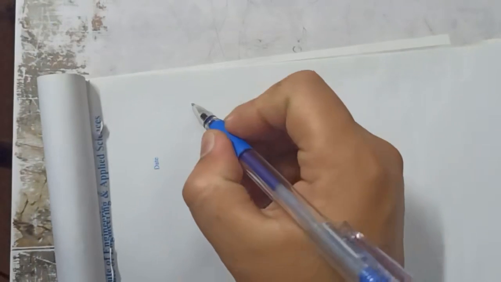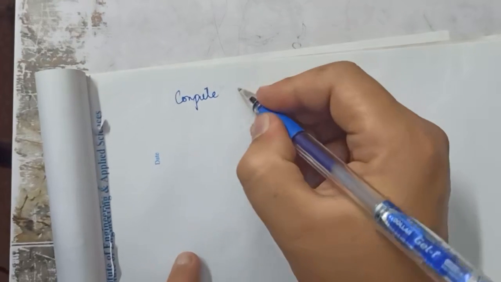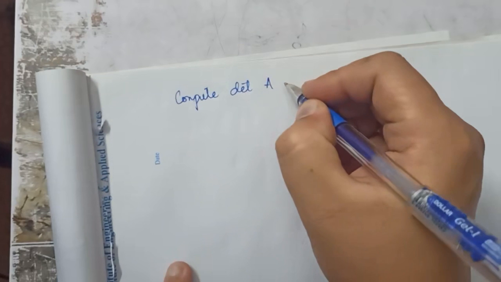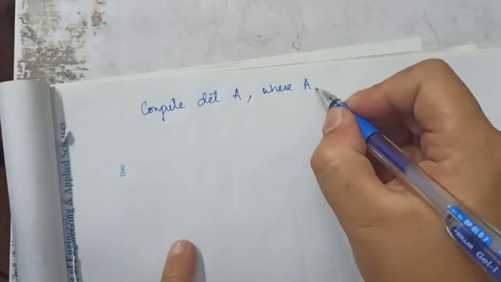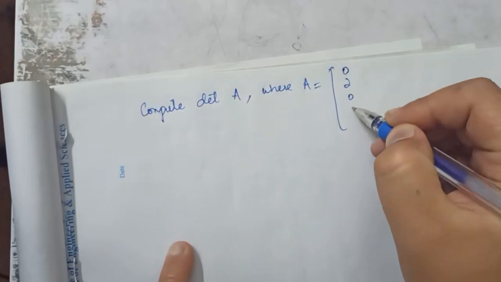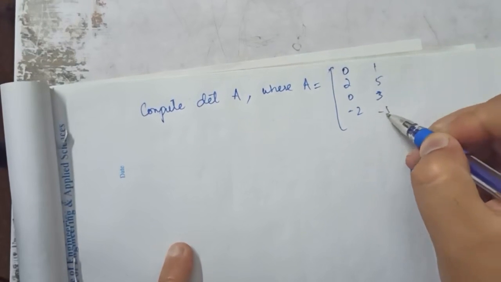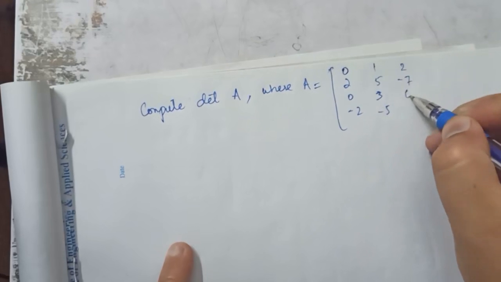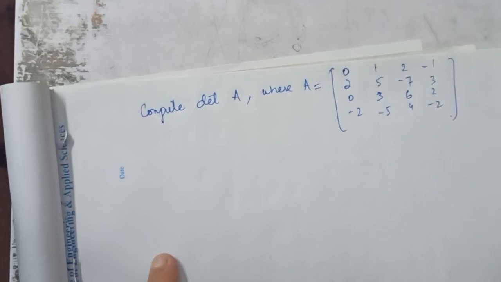Okay, so we can do it here as well for large matrices. Let's say for example you can use the properties in a recursive manner, and let's say I have to do this calculation here, which is quite a big one, which is 0, 2, 0, minus 2, 1, 5, 3, minus 5, 2, minus 7, 6, and 4, minus 1, 3, 2, and minus 2, right?